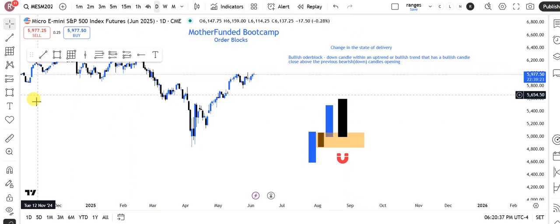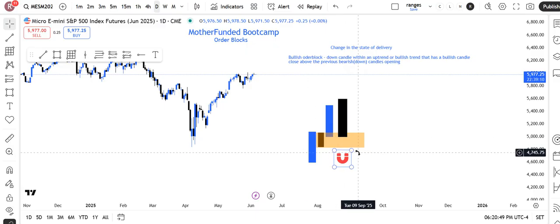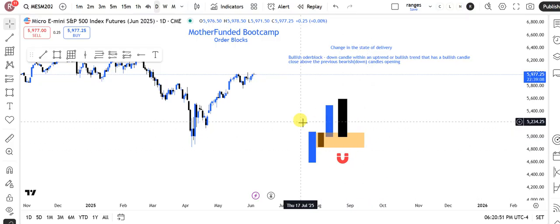So essentially how we would use it is whenever this comes down into this order block, we could execute, or buy or sell, or buy, excuse me, this is for a bullish order block. So we would buy it somewhere, any point inside here.